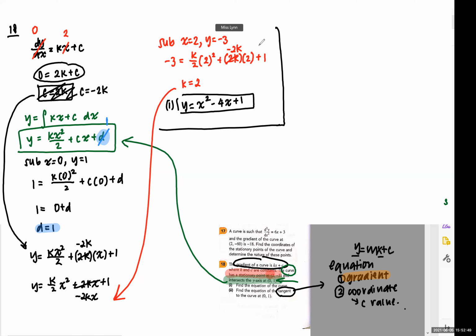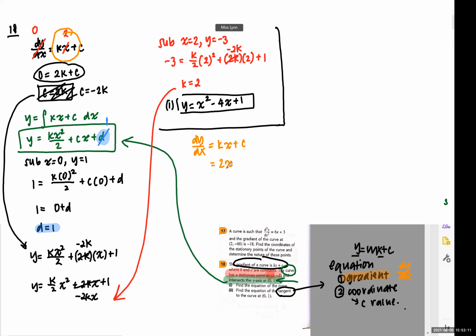Gradient means dy/dx. Exactly. So do we have the dy/dx? Yeah, 2x plus c. Okay, so what is the dy/dx we found out? 2x. Yes. Do we have the value of your k? Yes. Which is 2x plus c.